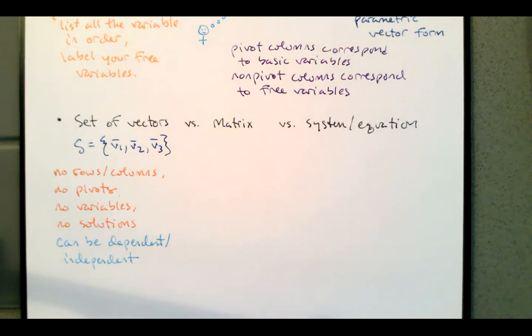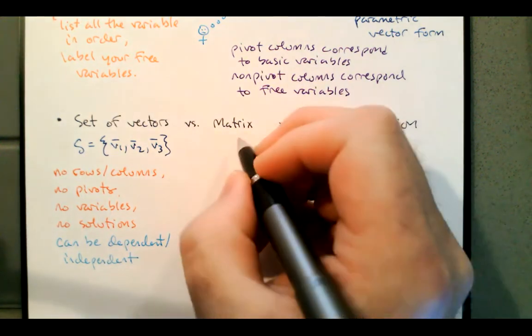This is different than a matrix, even though the columns of a matrix can be thought of as a set of vectors.